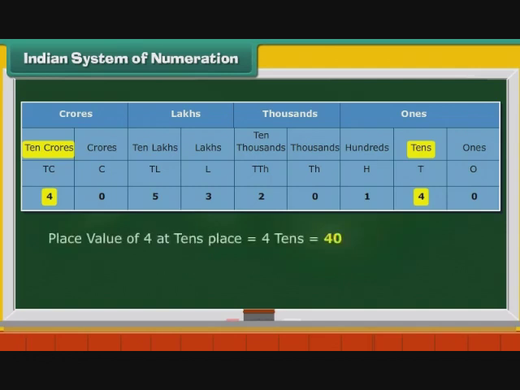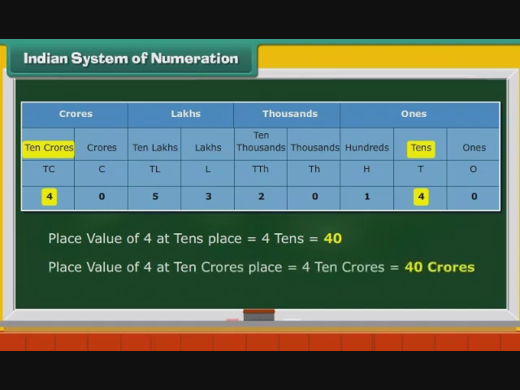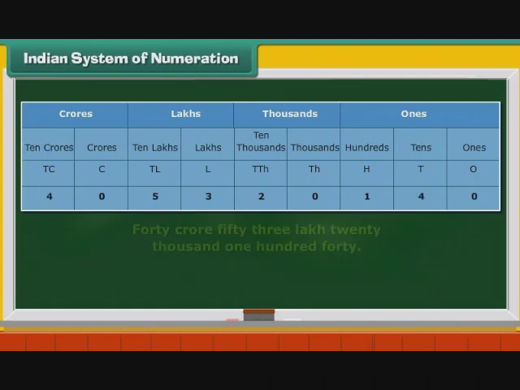But the place value of the 4 at the tens place is 4 tens, that is 40, and at the 10 crores place is 4 10 crores, that is 40 crores. Now we read the number: 40 crore 53 lakh 20,140.